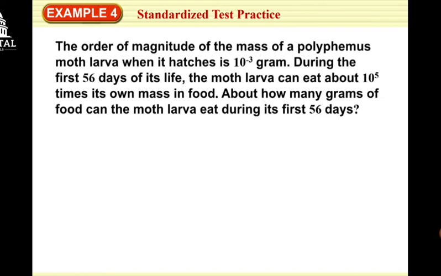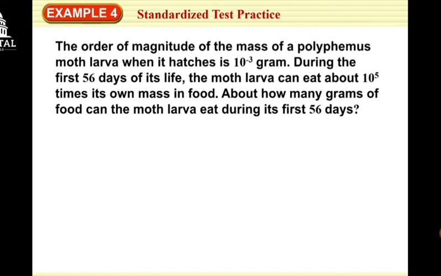Practice here. The order of magnitude of the mass of a polyphemus moth larva when it hatches is 10 to the power of minus 3 gram. During the first 56 days of its life, the larva can eat about 10 to the power of 5 times its own mass in food.